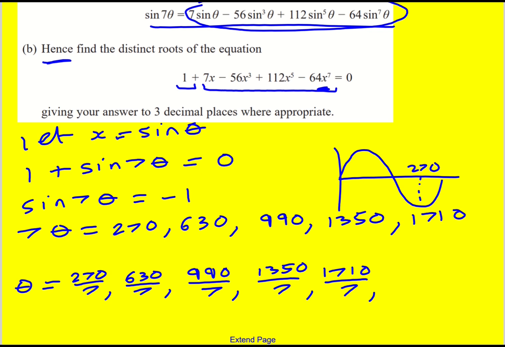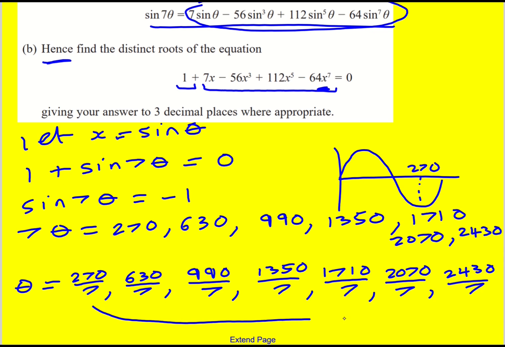Okay, I'm going to include 2 more. Because when I find the next one, if I was to add 360 on again, then I've actually gone up 7 lots of 360.